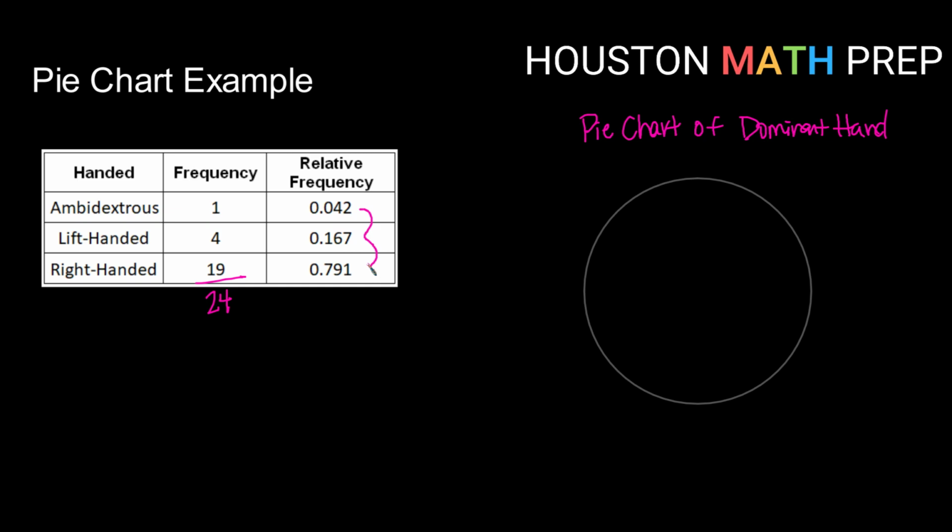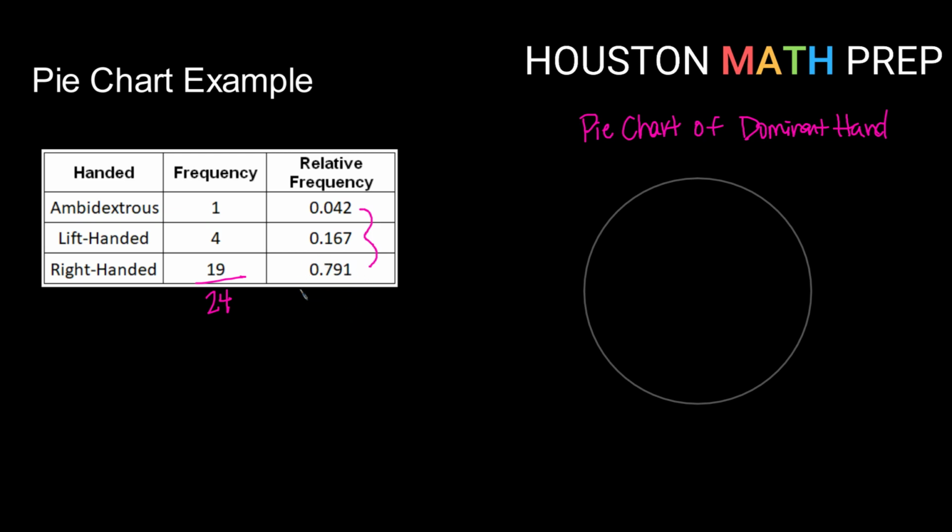Depending on how specific you need to be, you may need to work with degrees in a circle, or you may be able to create an approximate pie chart. We're going to go with an approximate pie chart here, and I'm just going to start with whichever of my relative frequencies is the greatest and work from there.